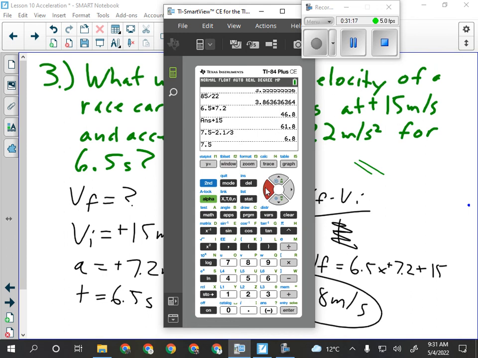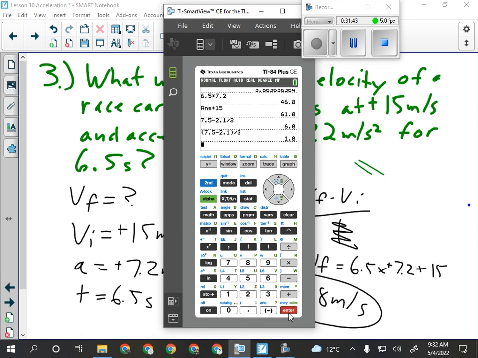What I need to make sure of is that I bypass my calculator's rules, which are that my calculator wants to do order of operations. So if I don't enclose the top in brackets, I get a very different number. The second number is correct, 1.8 meters per second squared, not 6.8.